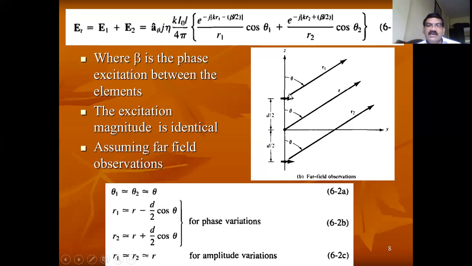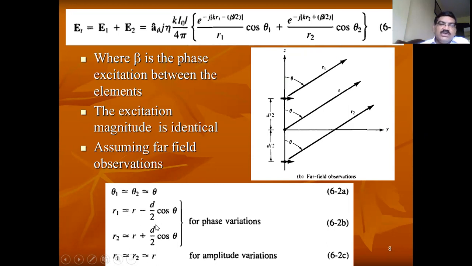So we are considering a triangle here. This is d by 2 and this is theta. If I consider a line here, a triangle, this is d by 2 and this additional distance in R1 you have to subtract.